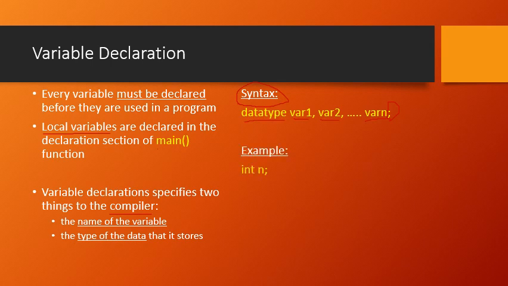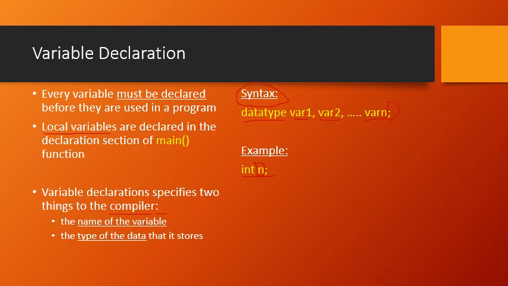Let us see certain examples. Say int n semicolon. Try to understand this line, int n. It is a declaration of a variable. Now let us see the two things it tells the compiler. First, the name of the variable: here n is the name of the variable.